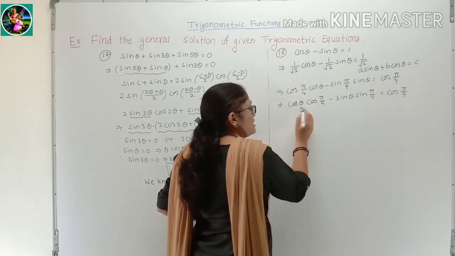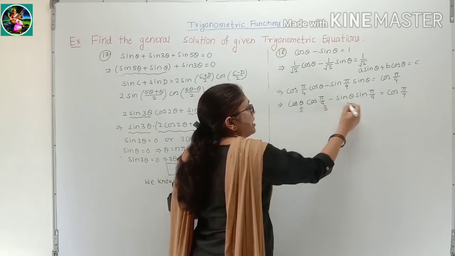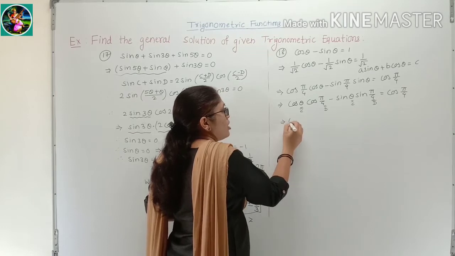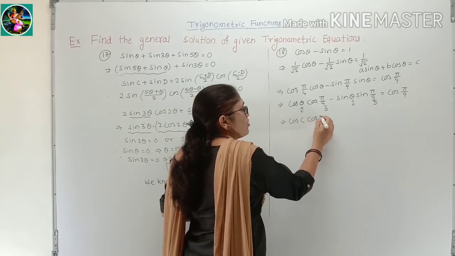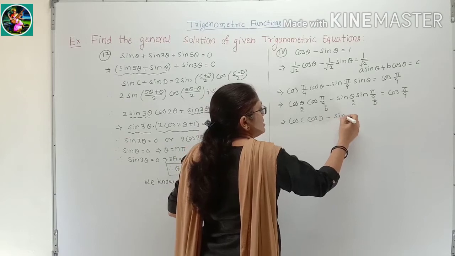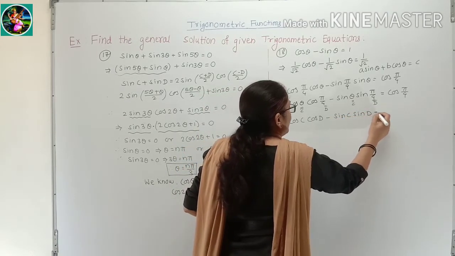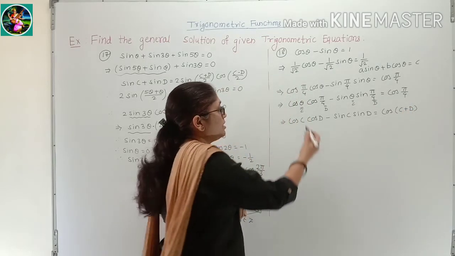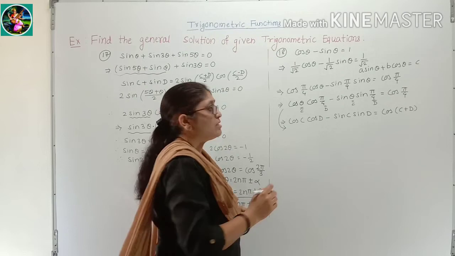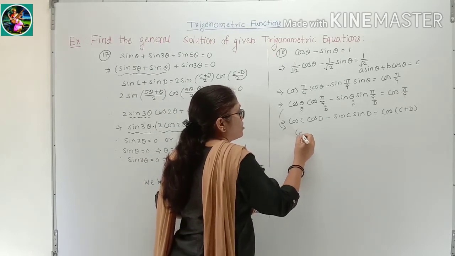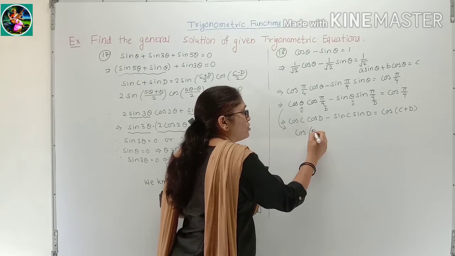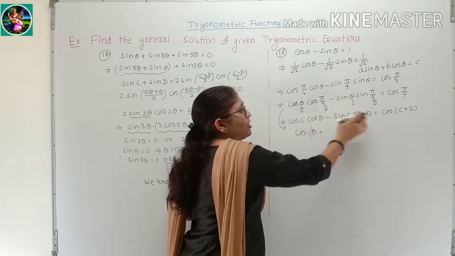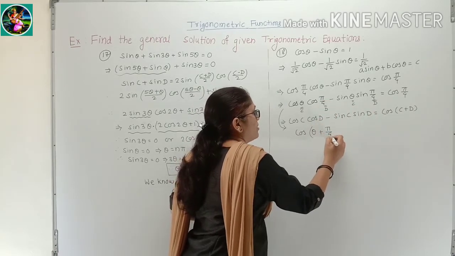Okay, now here is C, here is D, and here also this one is C and here is D, and we know that cos C into cos D minus sin C into sin D is equal to cos of C plus D. Therefore, this changes into cos of, instead of C we have theta, and instead of D we have pi by 4.